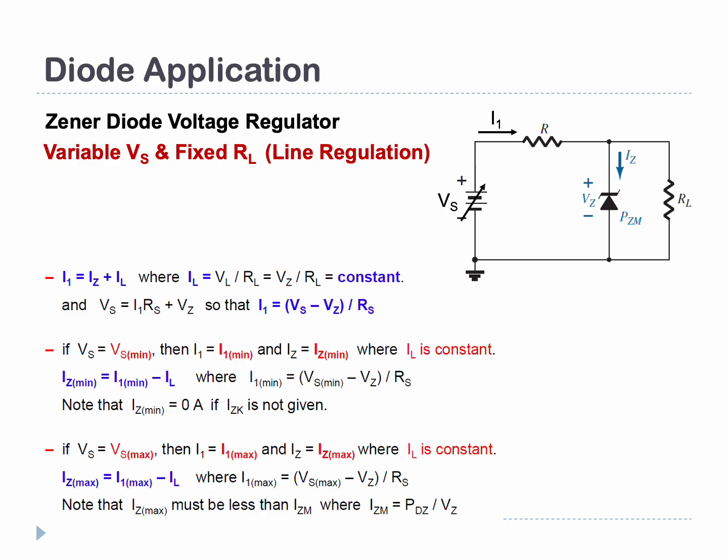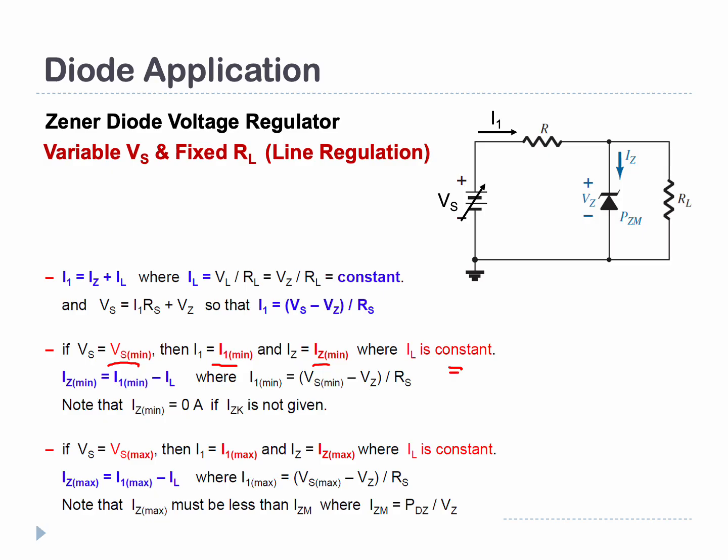Alright, so these are the methods or simplified formulas for us to calculate. If your Vs is equal to Vs minimum, then your I1 will be I1 minimum, and your Iz will be Iz minimum as well, where the IL is constant.